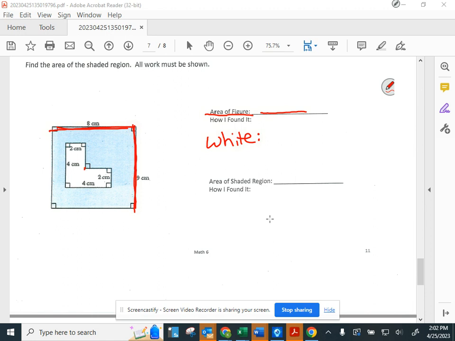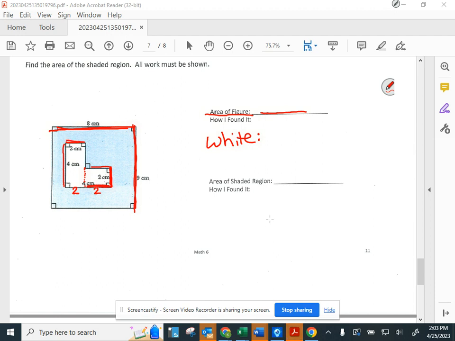What I did was I created 2 rectangles. I know that my first rectangle was a length of 4 and a width of 2. And down here, I have 4 centimeters altogether. I know this section is 2, and if it's 4 altogether, this section is 2. So I found the area of this rectangle with a width of 2 and a length of 2.